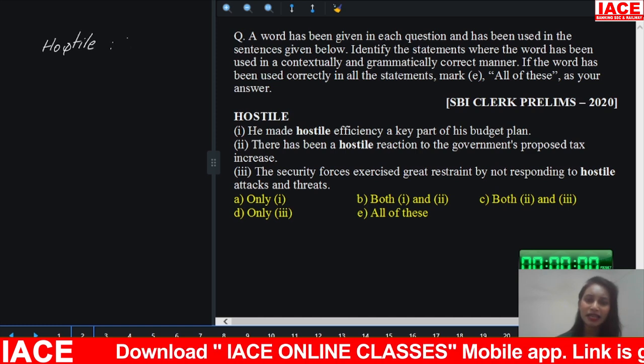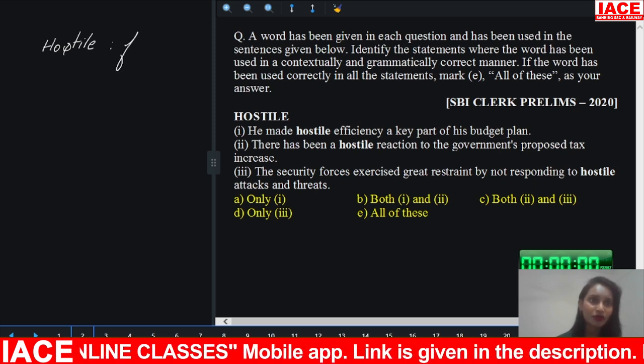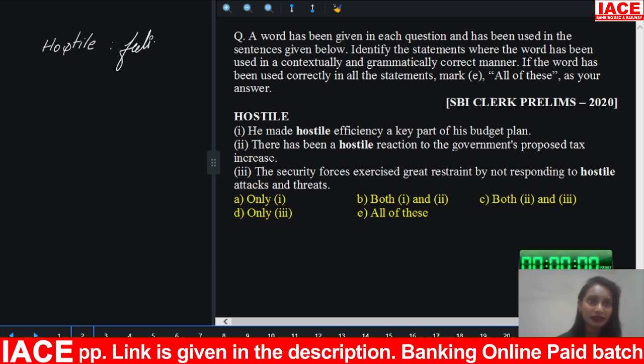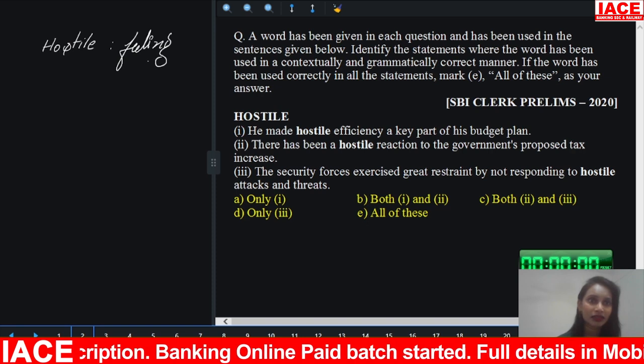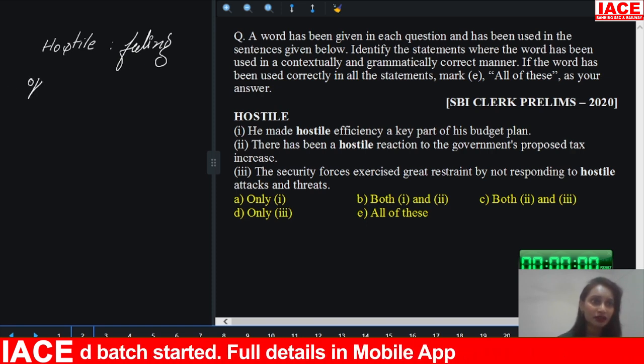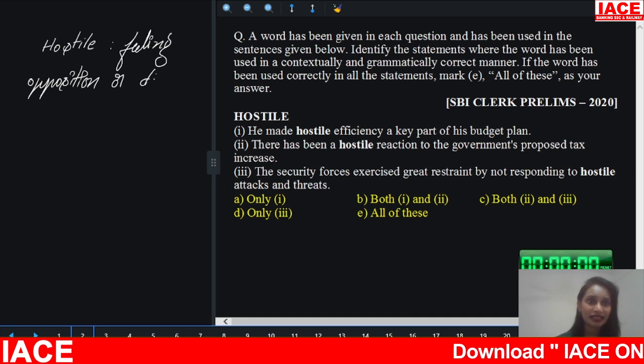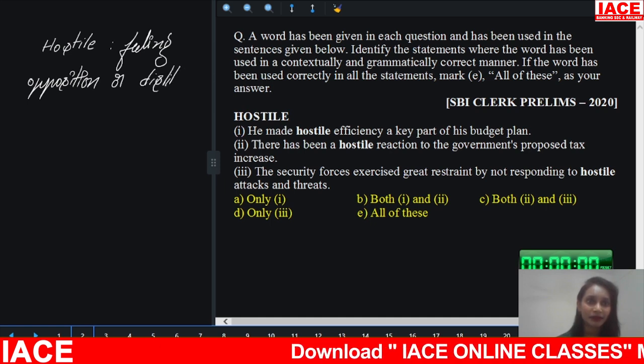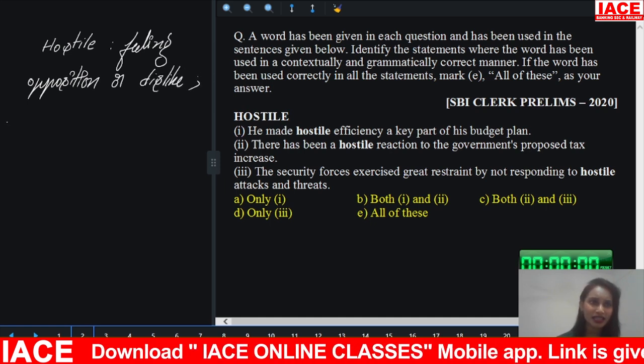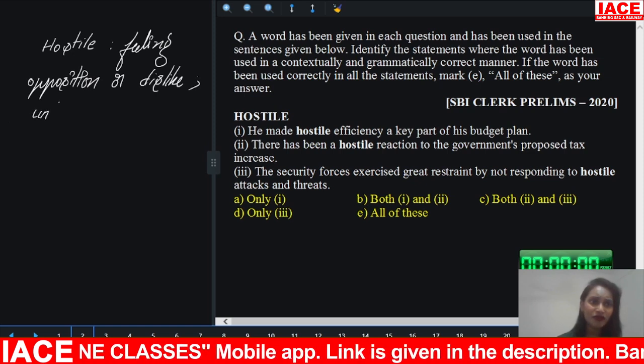Hostile has different meanings. One meaning is feeling opposition or dislike. Another meaning is unfriendly.